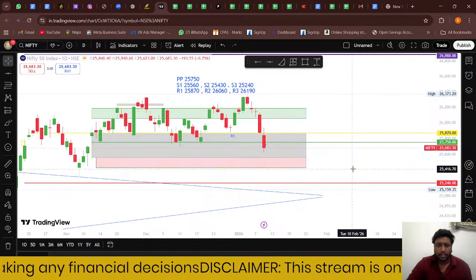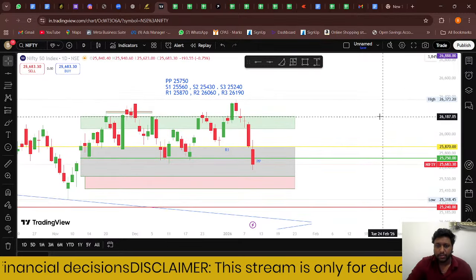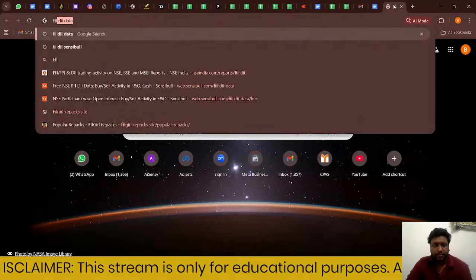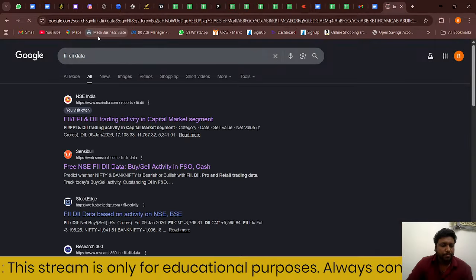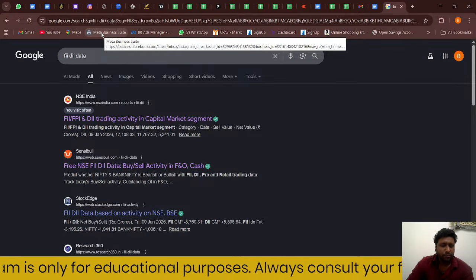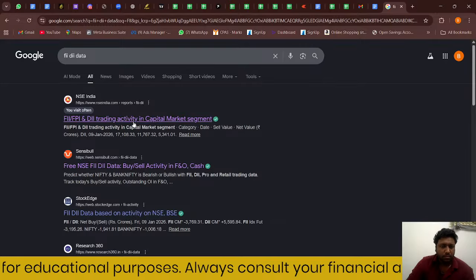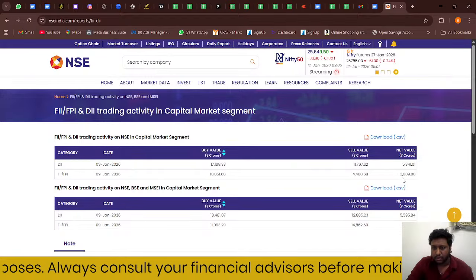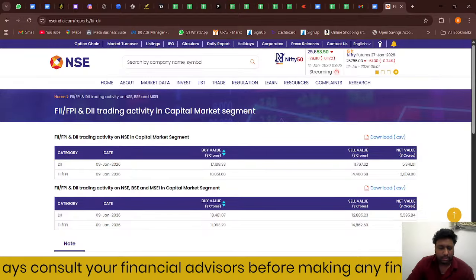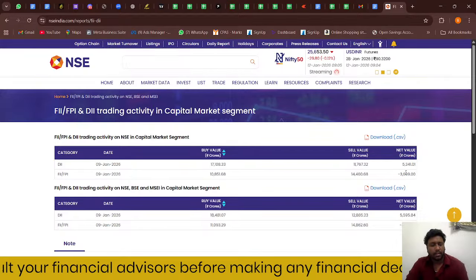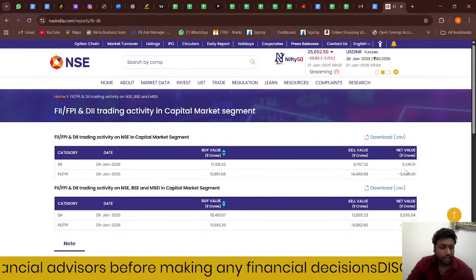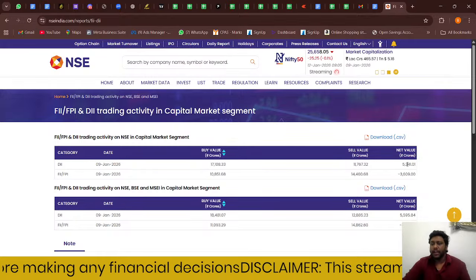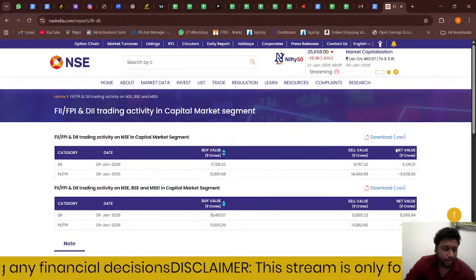Okay, so these are the levels with respect to Nifty 50 for the day, and we'll have a quick look at FII's data. Almost 3,600 crore down from the cash market by FII, and similarly the addition of 5,300 crores being added by the DII as well.